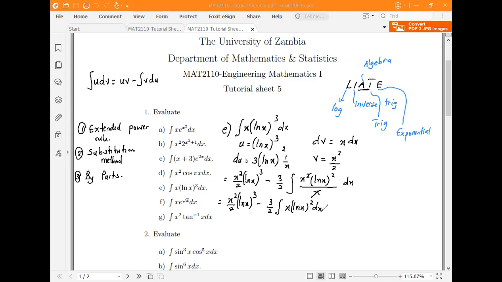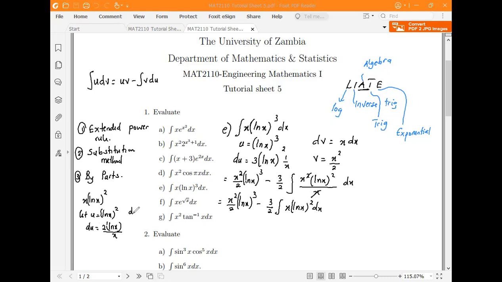So let's extract x ln x squared and do the integration. Okay, this one again, we let u be ln x squared, so that our du becomes 2 ln x times 1 over x. So I can just put the x here.